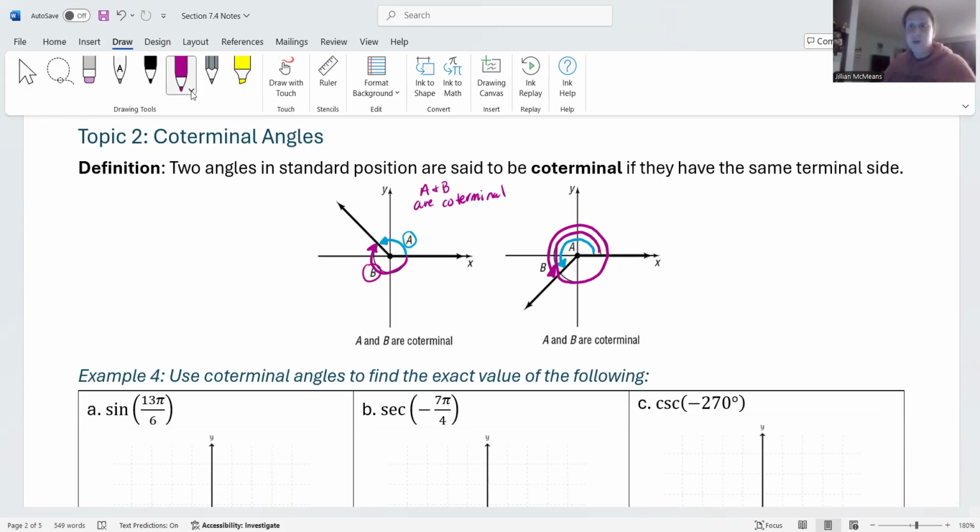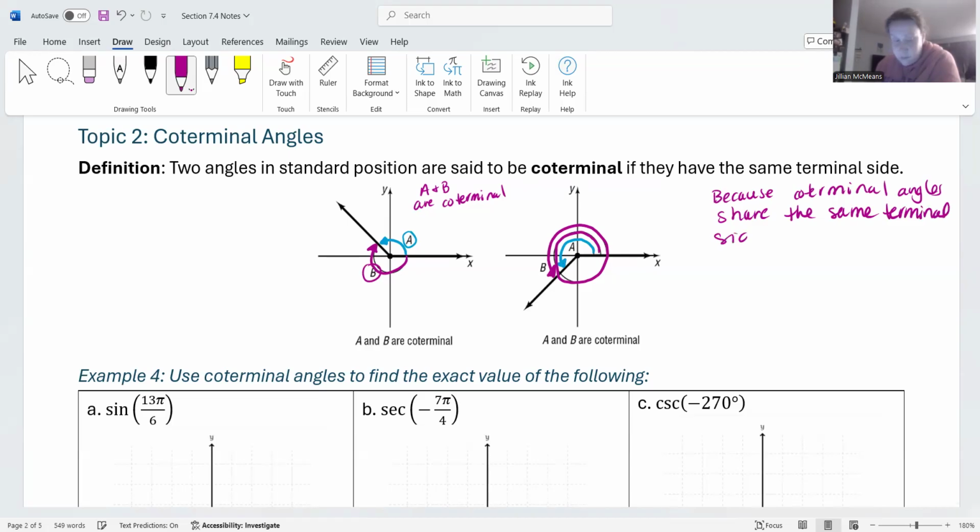It's really just any two angles that share a terminal side. But there's a little bit more to it, because coterminal angles share the same terminal side, the values of the trigonometric functions for coterminal angles are equal.